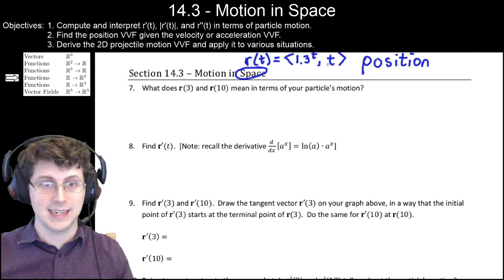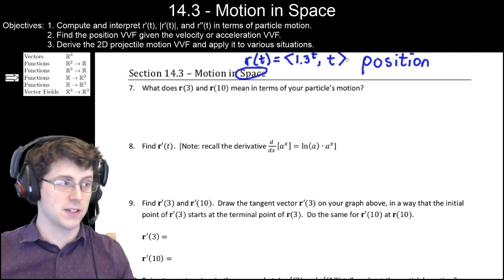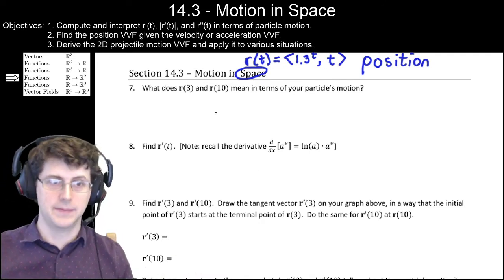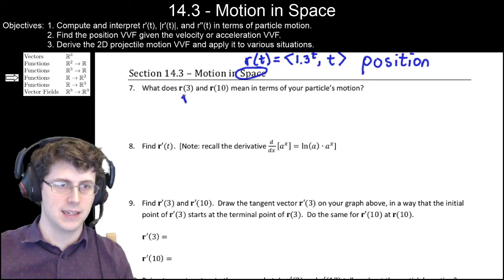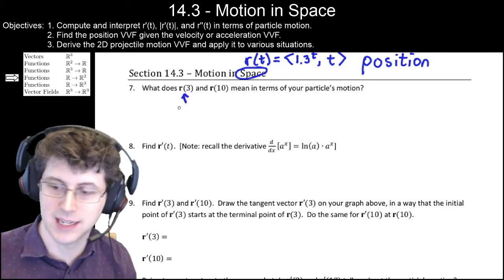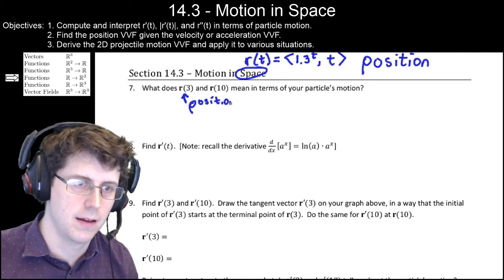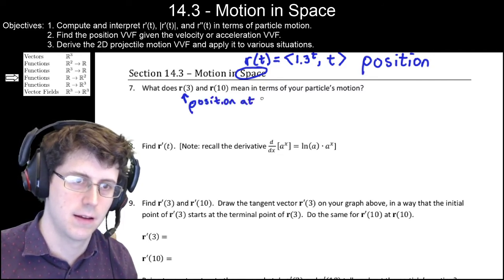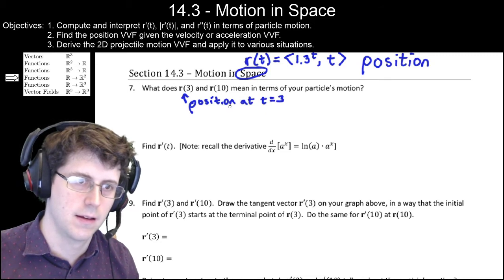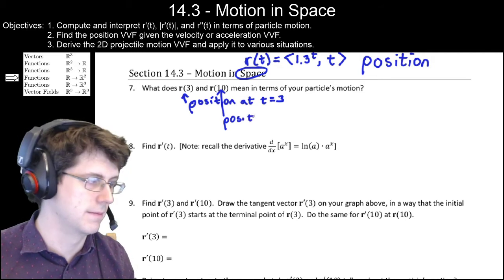At any time, this vector valued function will tell you a location in the plane. So R of 3 is the position at time 3. And R of 10 is the position at time 10.